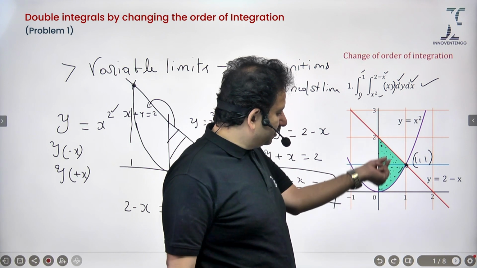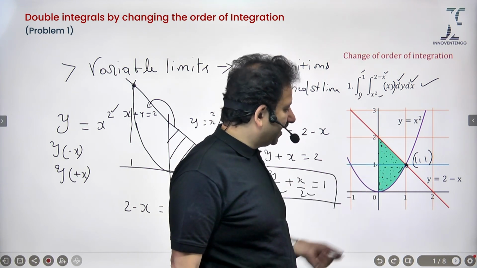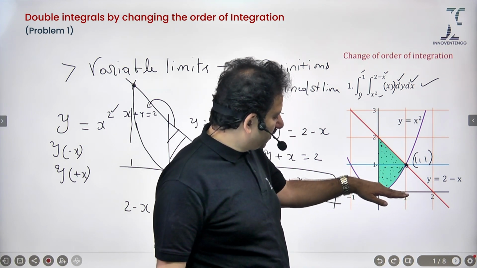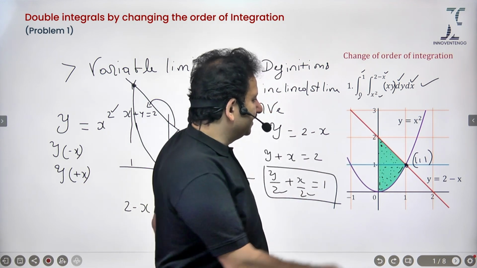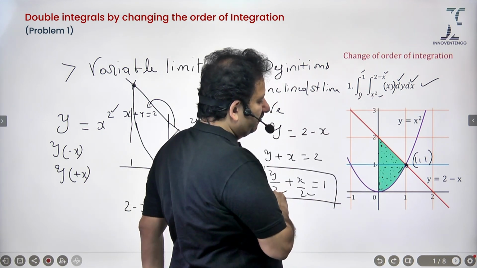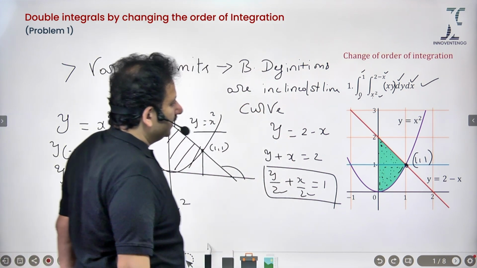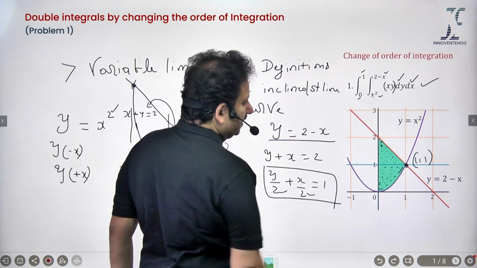So these are the two boundaries which define this, apart from the y-axis. If I start from the parabola and travel vertically all the way, I would be hitting the straight line. That is why my inner limit of y is y equal to x square, which is the parabola, and the upper limit is y equal to 2 minus x, which is the straight line.